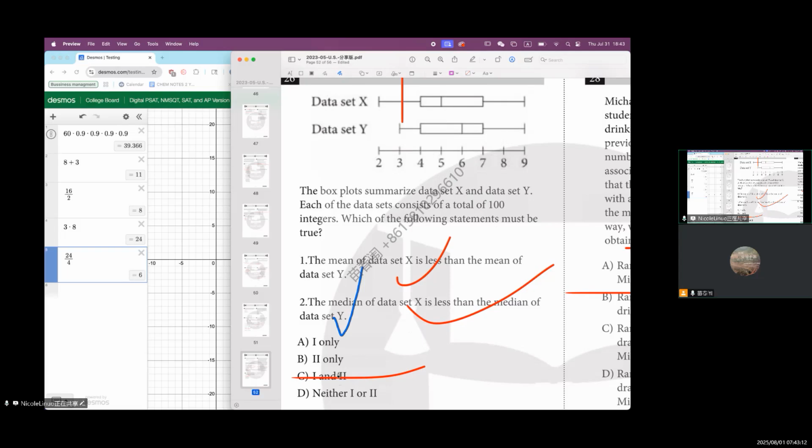You add up all the numbers and divide by the total amount of numbers you have. So the total amount is just 100. But what are those values? Good question. I don't know from this box plot. It's a little difficult to know all those x1, x2, x3, x4, right? We have a little bit of information about that, but it's difficult to add all the numbers, right?